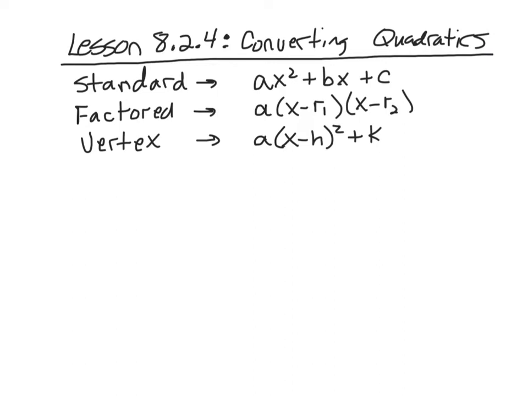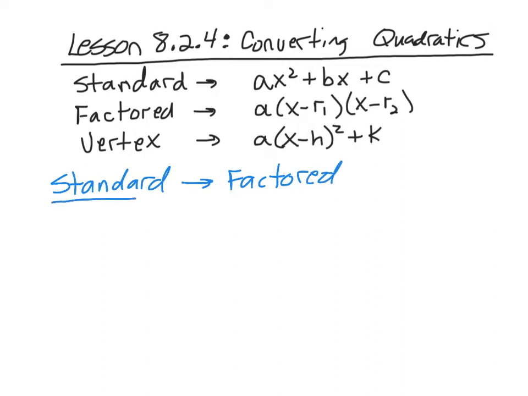Okay, so first one we're going to look at is standard to factored. And how do we convert that? Well, we've already done it. We've done it using factoring. And we looked at special cases.